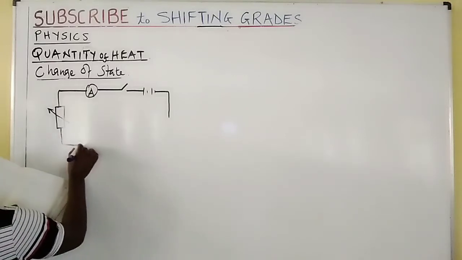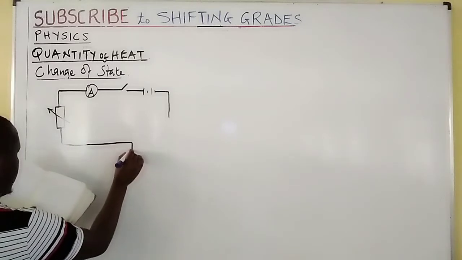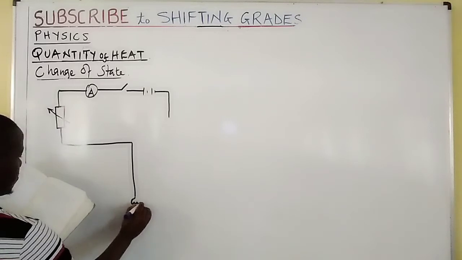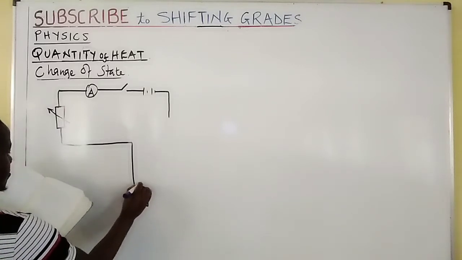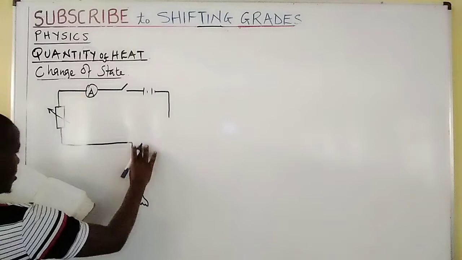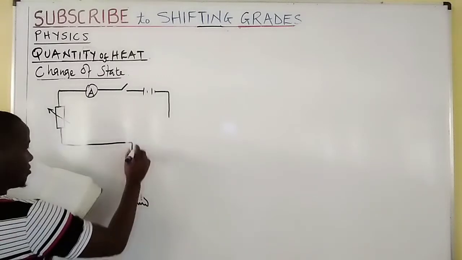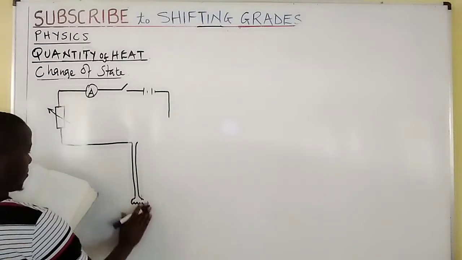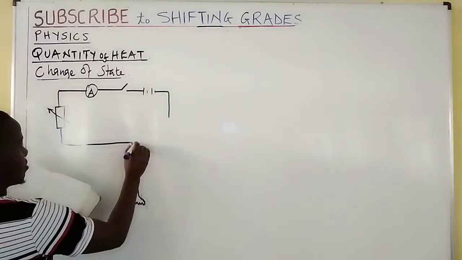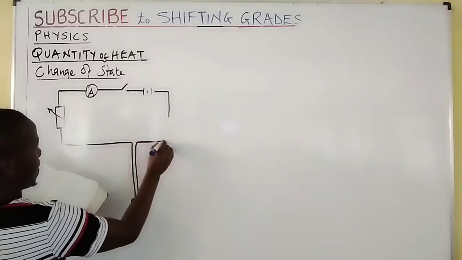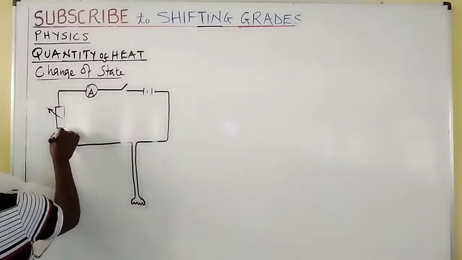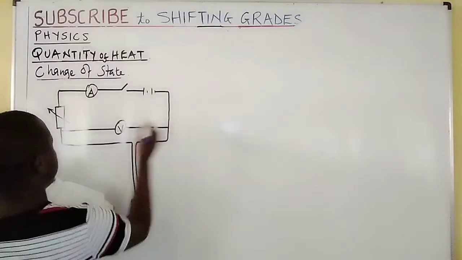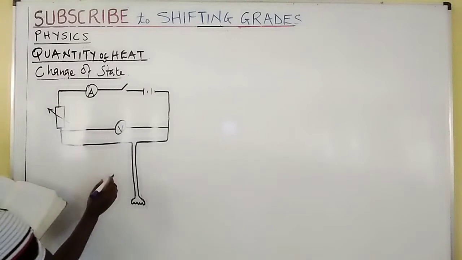Now we connect this to an electric heater. So the heater coil is here. Then we have a voltmeter across there.